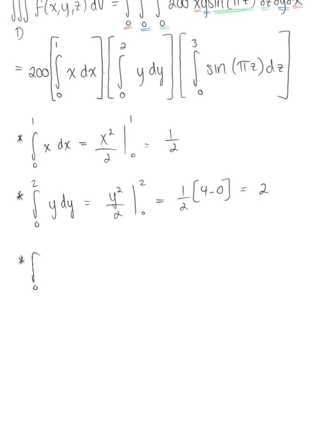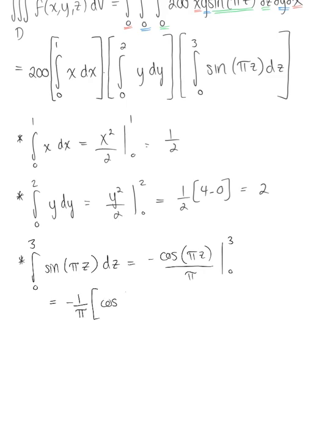That's z with the bounds 0 to 3 of sine of pi z dz, which integrates to minus cosine of pi z over pi from 0 to 3, and I'm going to pull out that minus 1 over pi, and we have cosine of 3 pi minus cosine of 0, and we of course know that cosine of 3 pi goes to minus 1, cosine of 0 goes to 1, so this leaves us with negative 1 over pi multiplied by minus 1 minus 1, so minus 2.